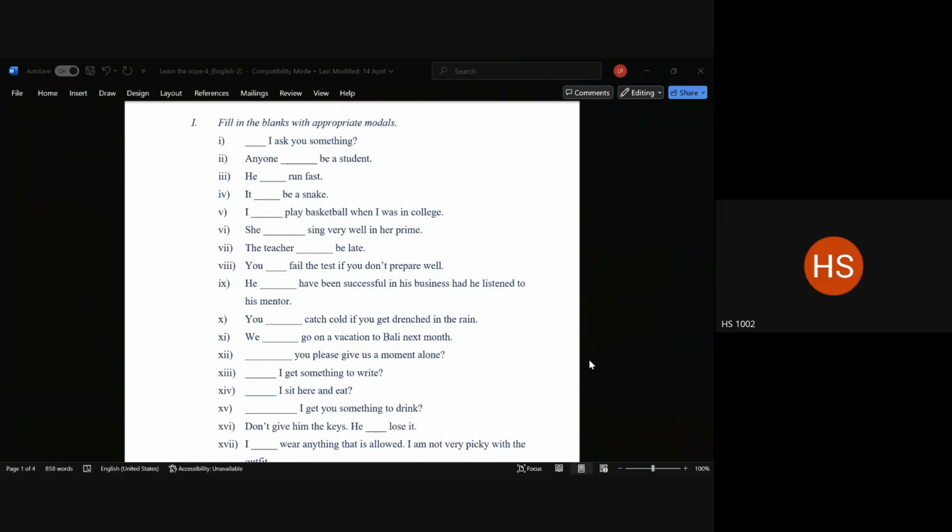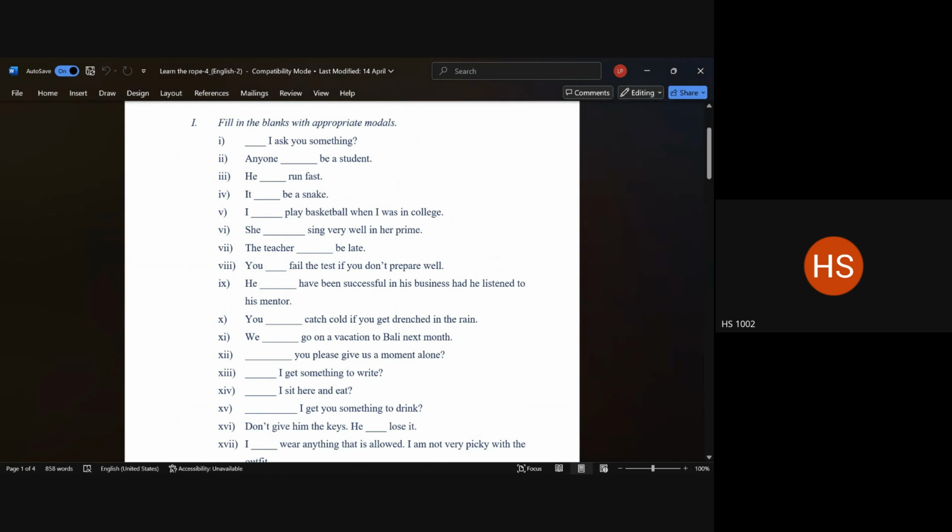Now, the second one: anyone dash be a student? Can. Okay, can, right? So anyone can be a student. And what is the interpretation if you're using can?